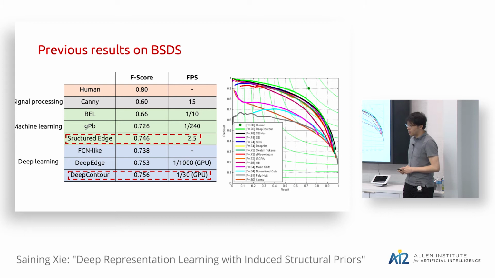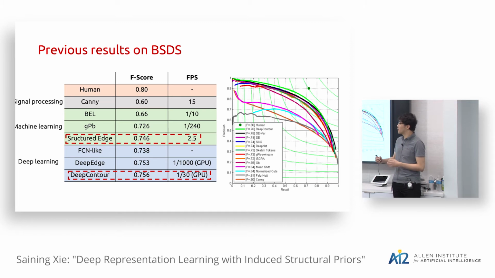Okay, here are some previous results on the BSDS benchmark. Although deep learning, even back then, had been conquering many different domains and applications in computer vision, unfortunately, edge detection was not one of them.